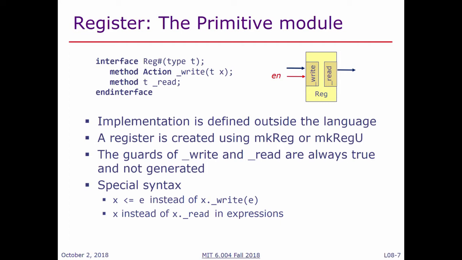Instead of writing x dot underscore write e, we write x gets double arrow e. But these two things are equivalent. Similarly, when you have to read it, instead of writing x dot underscore read, we just write x. So whenever you see x on the right hand side, you're always reading a register. When you write it on the left hand side, that means you're about to assign to it.